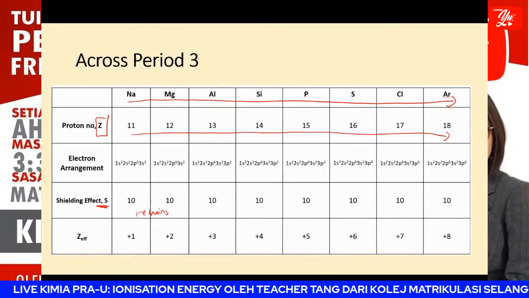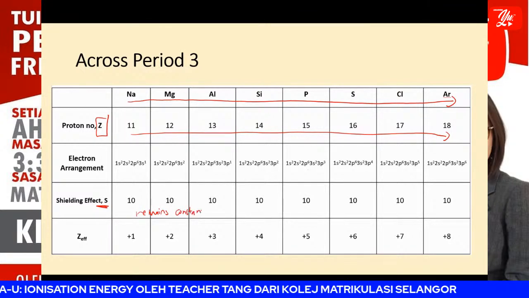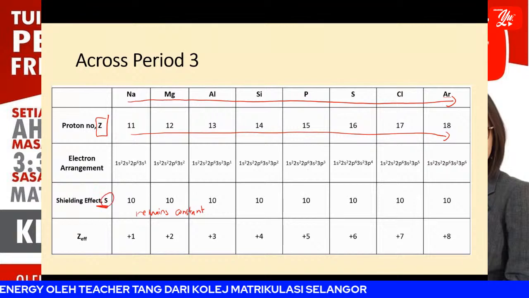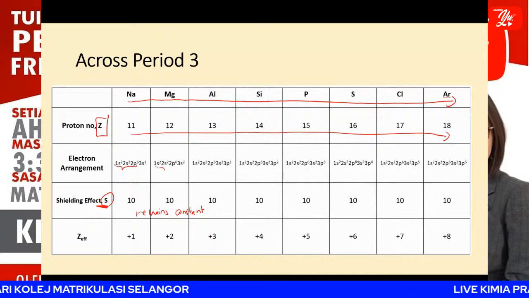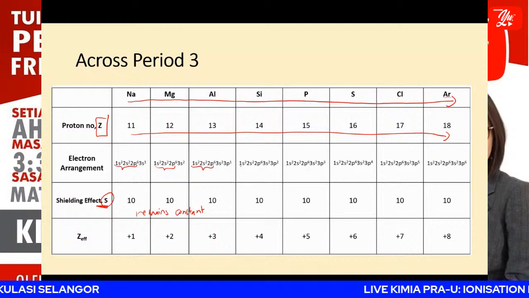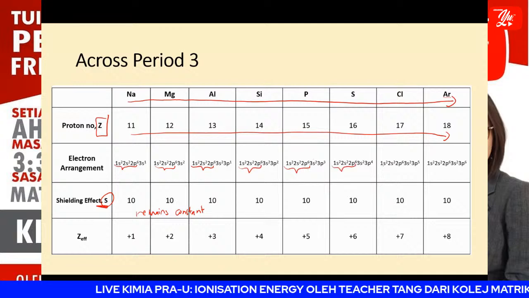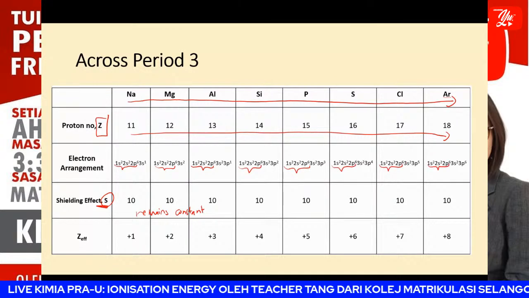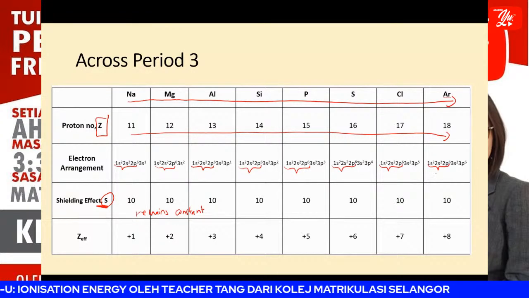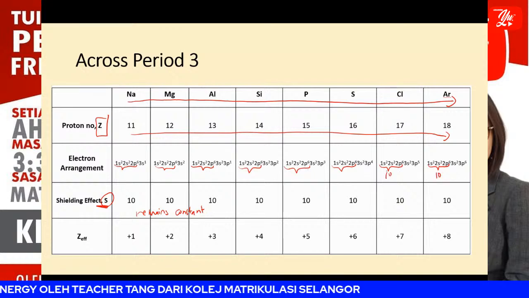So the shielding effect remains constant, because the number of inner shell electrons of all the elements across period 3 is 10. The ones I highlight here are the inner shell electrons, and they are all 10 for period 3 elements.